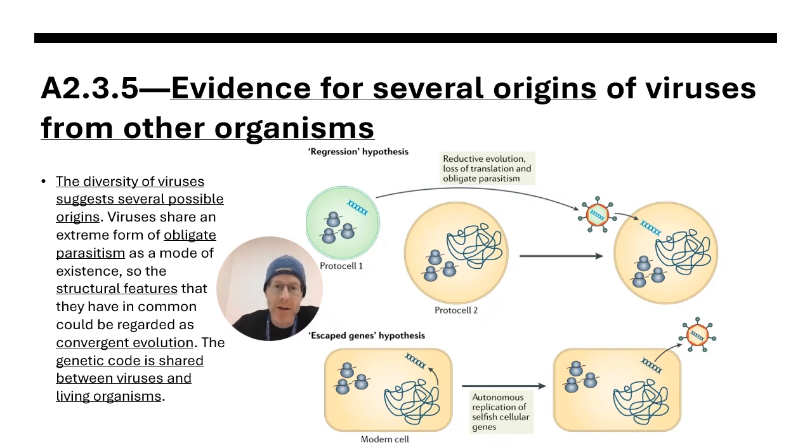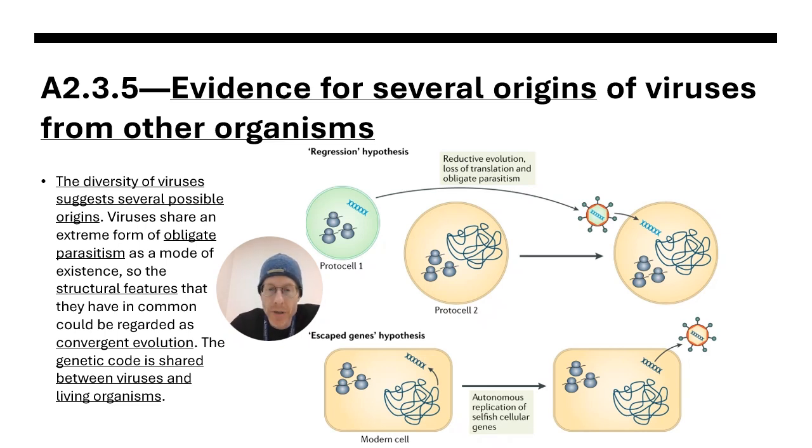This next bit here is on, well, where did they come from? We know that viruses need host cells, right? That's sort of how we define a virus. It can't replicate by itself. So if it needs a host cell, then it would make sense that cells evolved first.